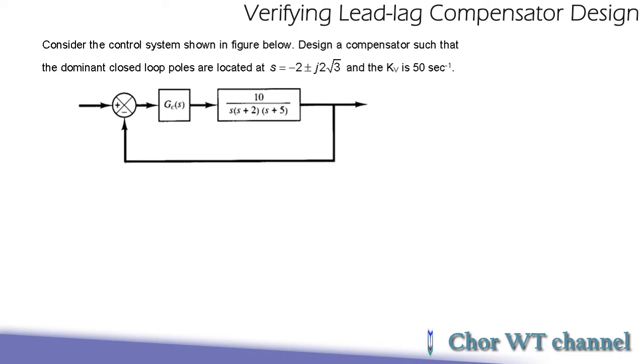Let's look at the typical questions on Lag Compensator design, where you are required to design a Lag Compensator to place the poles at this location and achieve a static velocity error constant of 50. To verify your solutions, we'll be needing the root locus to verify that the locations are correct. For the static velocity error constant, we will need to use the ramp response.